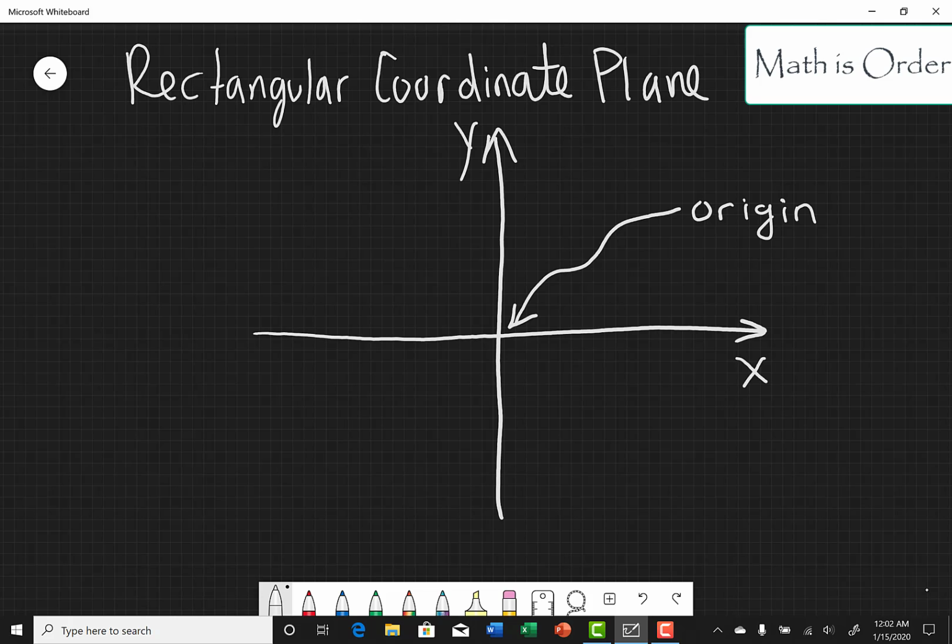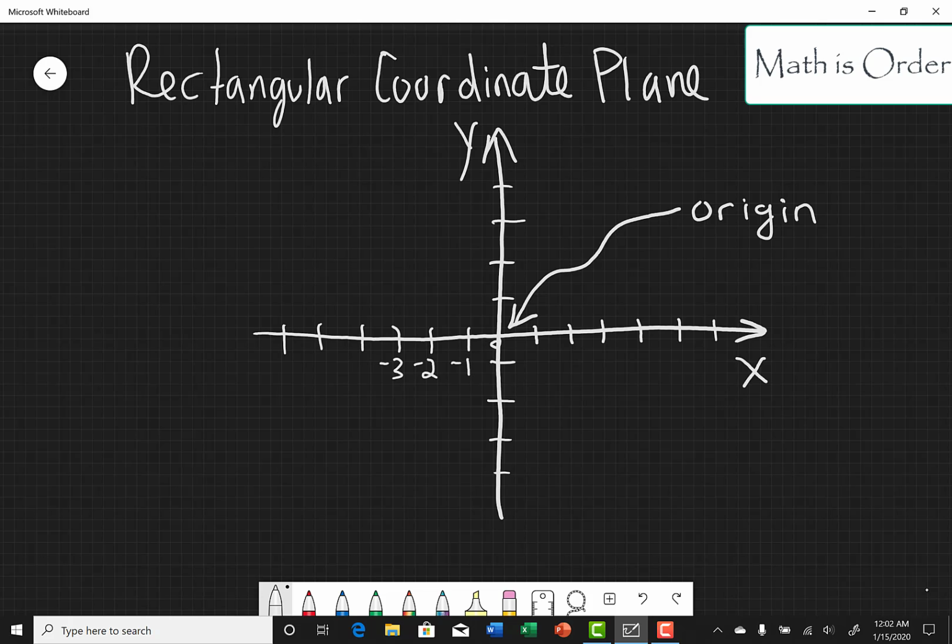The axes are divided up into equal increments from the origin. This location being 0, 0, values along the x-axis to the left of the origin are negative.